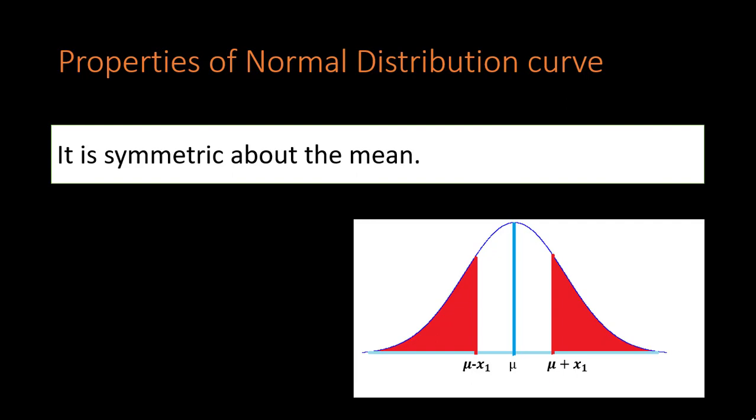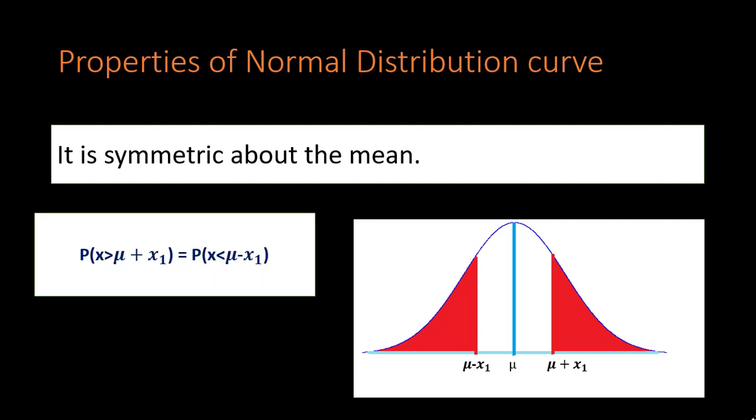What does it mean? It means that the probability and area of the curve beyond mu plus x1 is equal to the probability and area of the curve below mu minus x1. That is, probability x is greater than mu plus x1 is equal to probability x is less than mu minus x1.